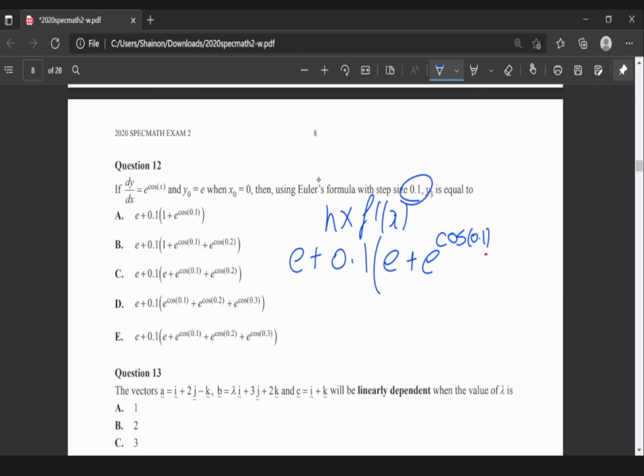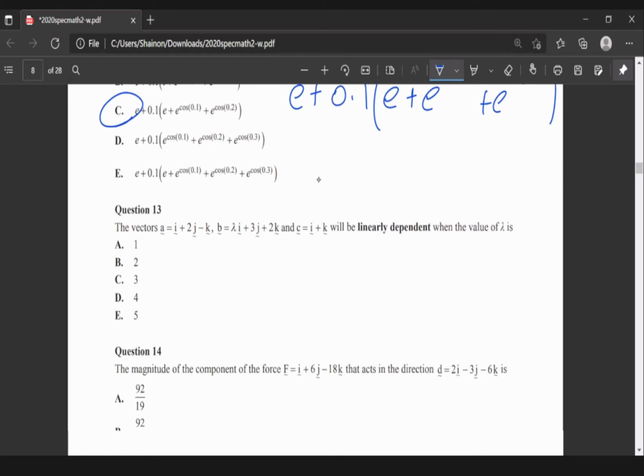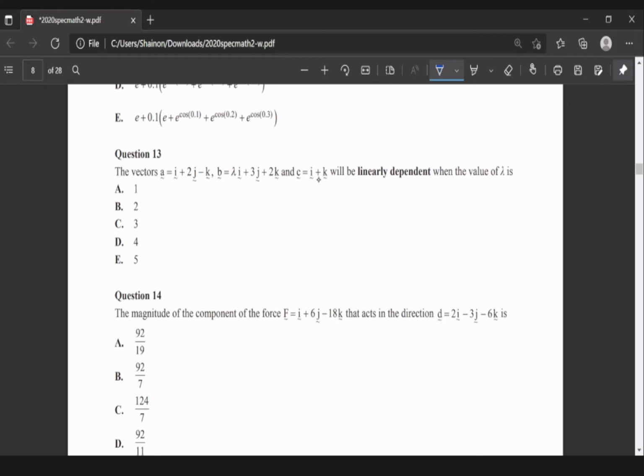And then plus E, because we're going by 0.1, so the next one's going to be 0.2. So that should correspond with C. I think that's right.